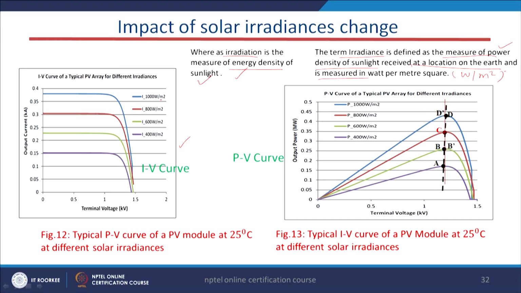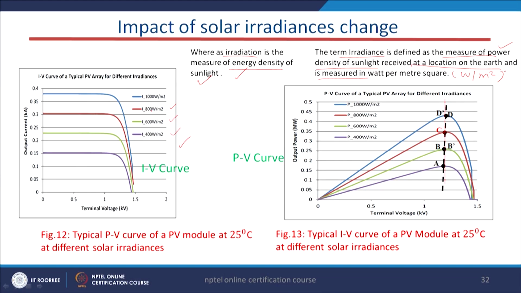Here you can see we have blue, red, green and purple color lines, IV characteristics or VI characteristics. The first one, blue, is 1000 watt per meter square, the irradiance, and second 800 watt per meter square, third one 600 watt per meter square and the fourth one is 400 watt per meter square.